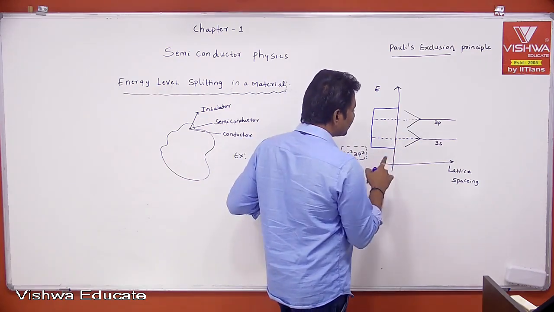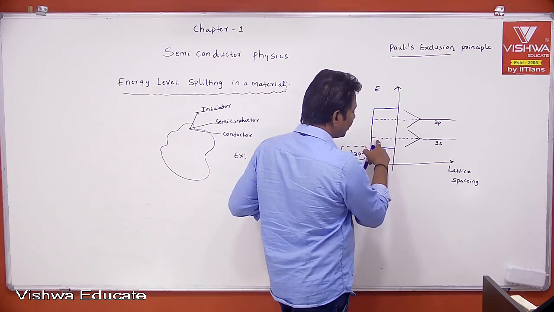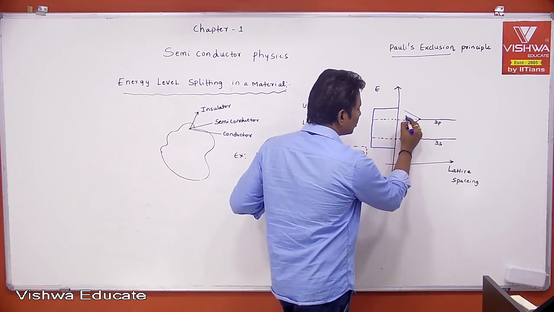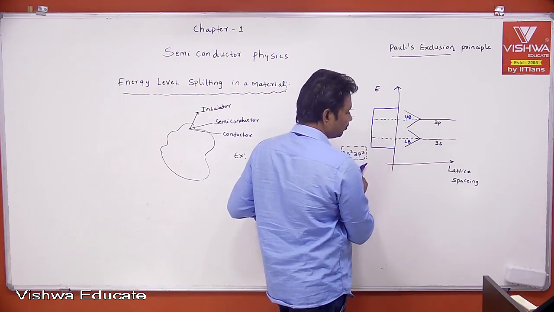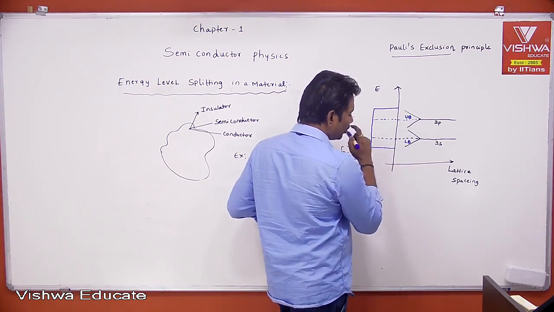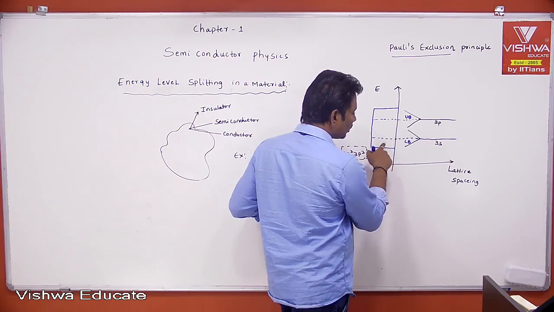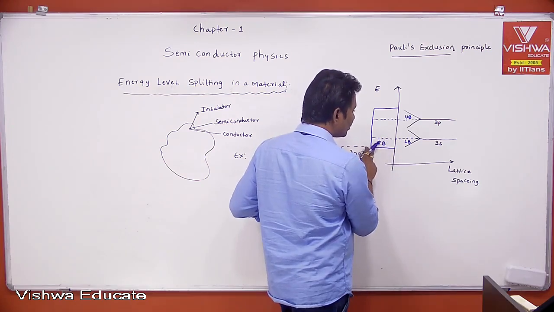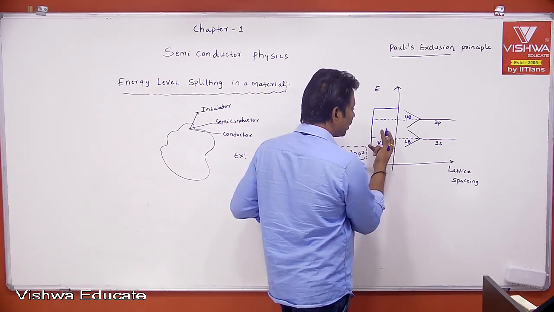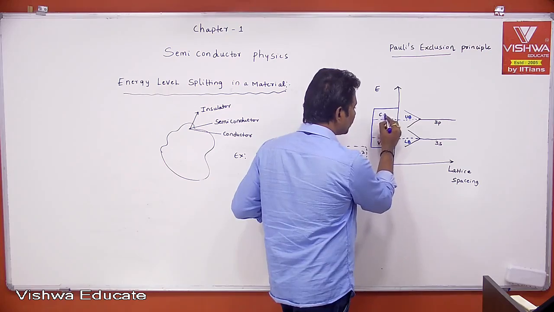At lattice spacing, the single band can be divided into two bands. One is the upper band, another one is the lower band. At T equal to 0 degrees Kelvin, all electrons will occupy the lower band. So this is called the valency band. With respect to the valency band, the upper band is empty, so it is called the conduction band.